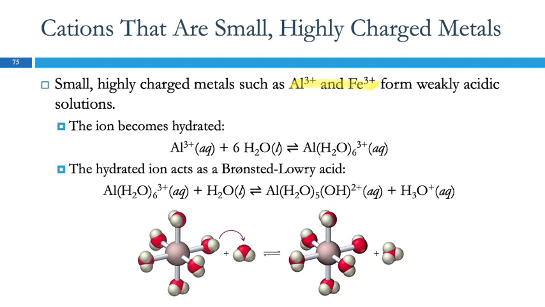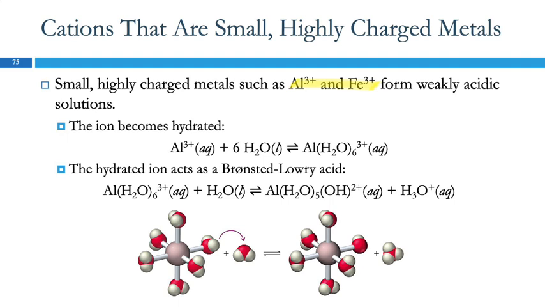What these do is they become hydrated in water, and then that hydrated ion can act as a Bronsted-Lowry acid. So it can donate a hydrogen from one of its waters to water and make H3O+. This is going to seem really weird to you. You do not have to understand this at this point.